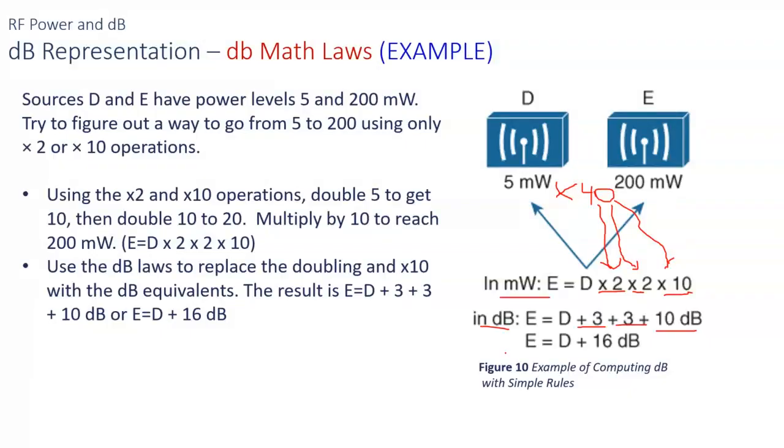So source E equals source D plus 16 dB. In milliwatt, we said source E equals source D times 40. In dB, source E equals source D plus 16 dB. So source E is higher than source D by 16 dB.